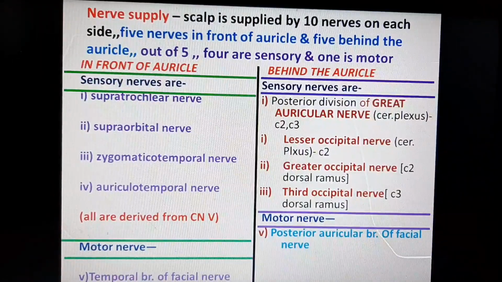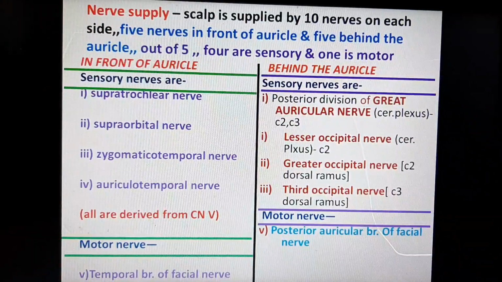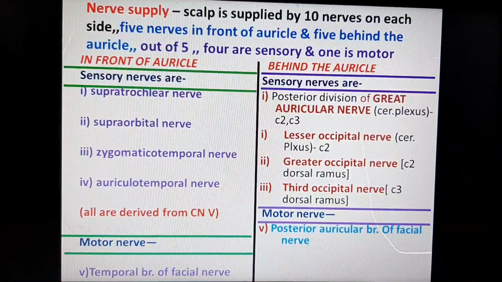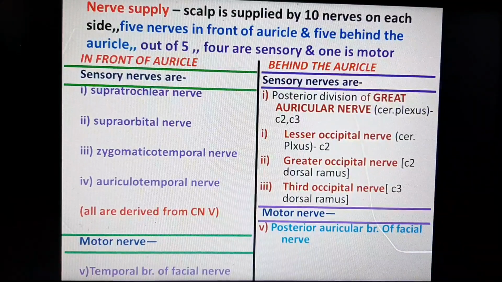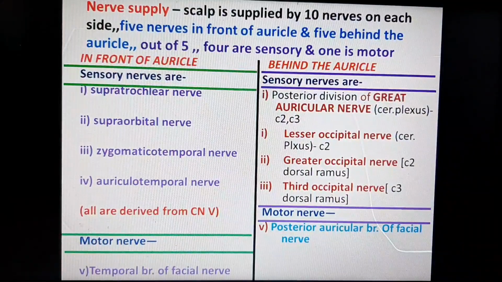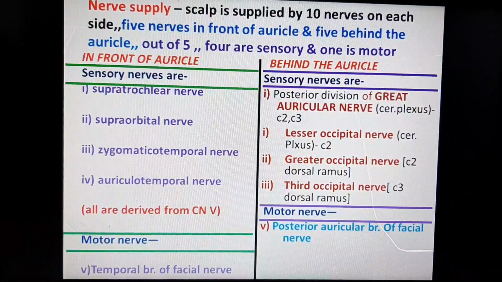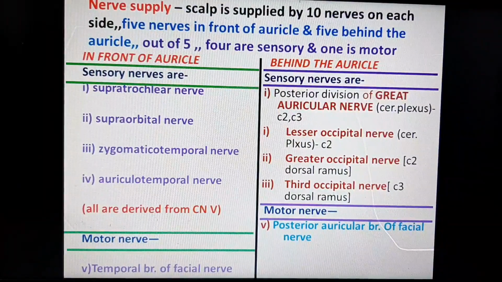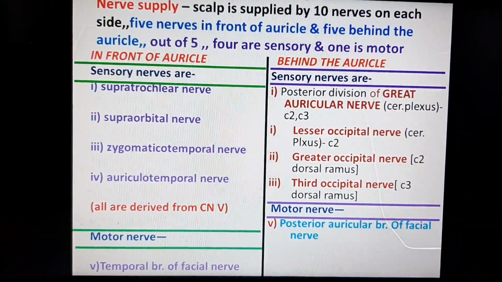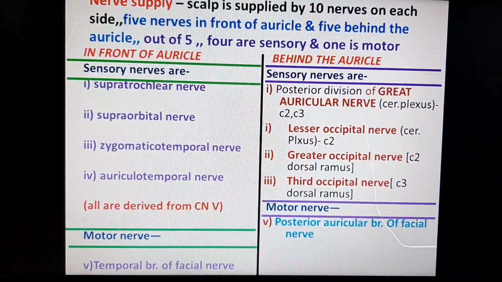For example, in front of the auricle, the sensory nerves are supratrochlear nerve, supraorbital nerve, zygomaticotemporal nerve, auriculotemporal nerve. All these 4 nerves are derived from the cranial nerve 5 and are grouped into the sensory nerve, and the motor supply in this part is temporal branch of the facial nerve.